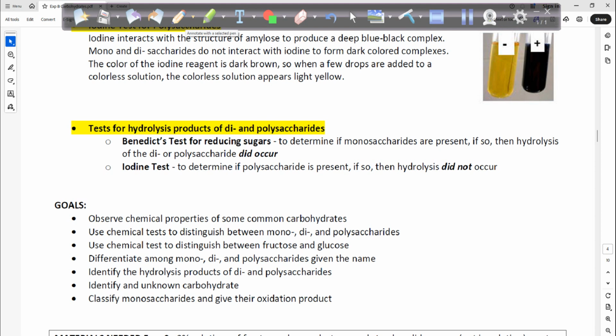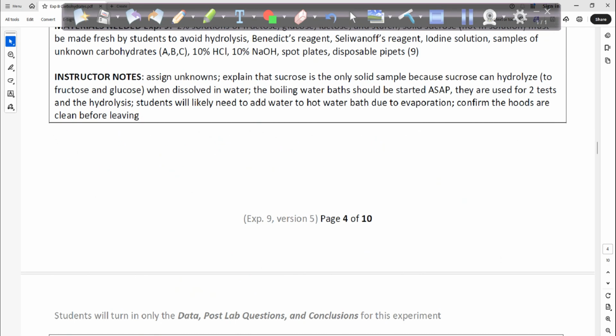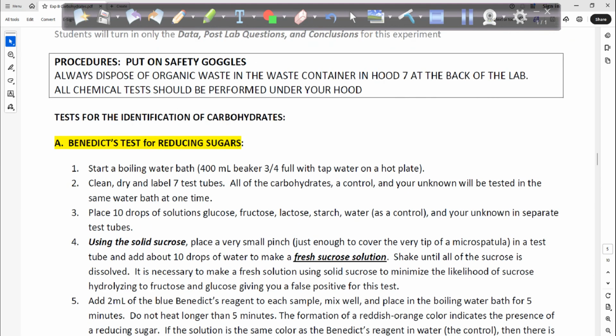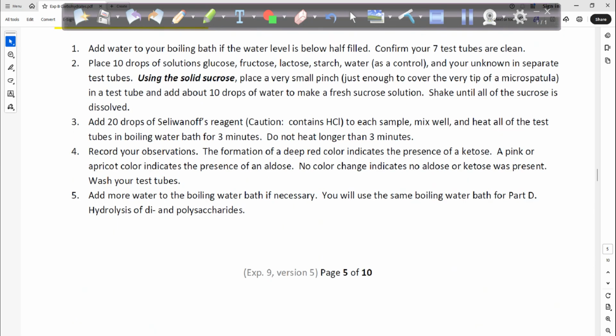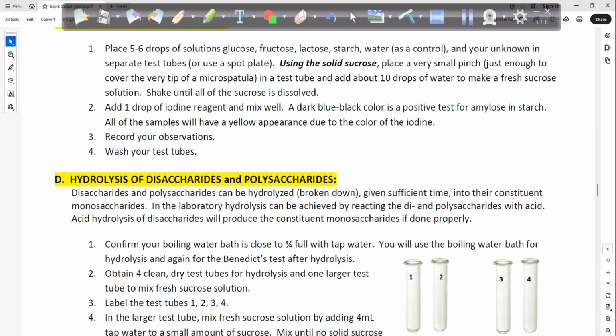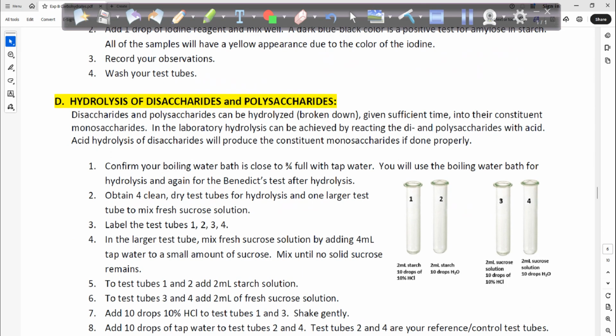So I'll stop here. I think everything is explained itself. And if you have any question, just let me know. I'll be more than happy. And here's the hydrolysis. As I said, you put HCl inside those sugars, boil them a little bit, not overboil them, cool them down.